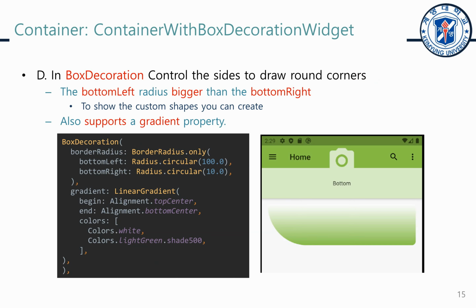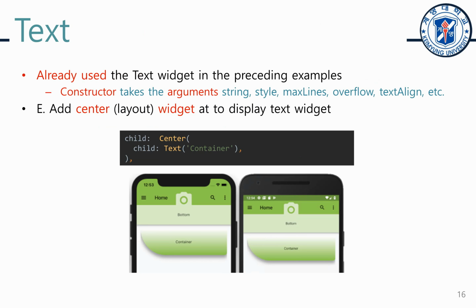The next widget to discuss is the text widget. Okay, but we already used the text widget, and you can easily put it at the center of your container, or as a child of your container. You can set this text and make it like a container.